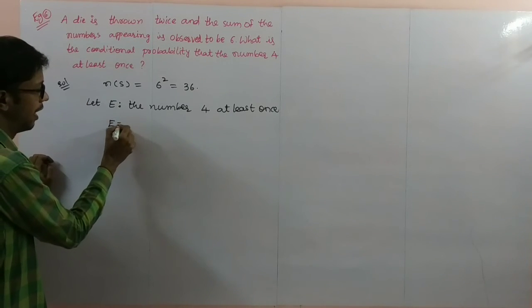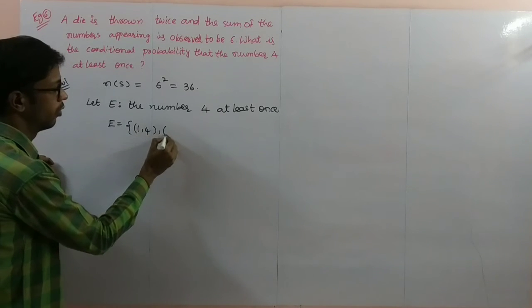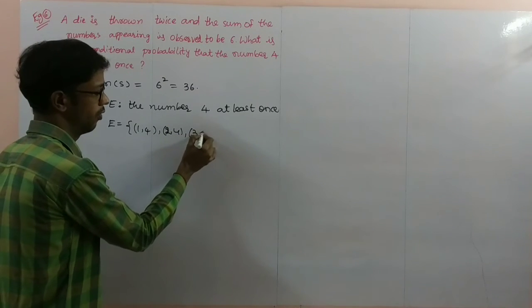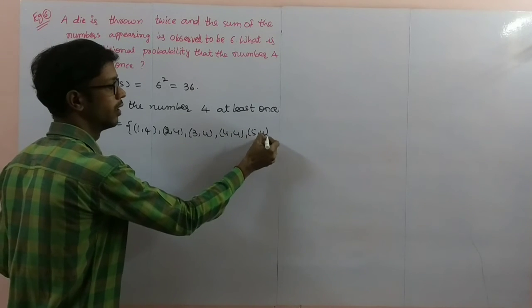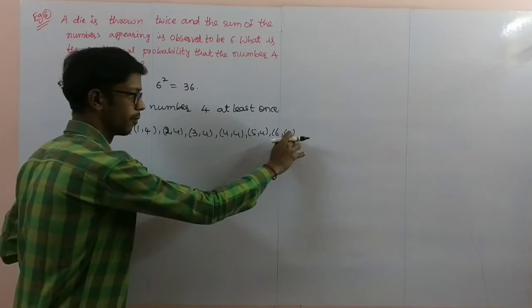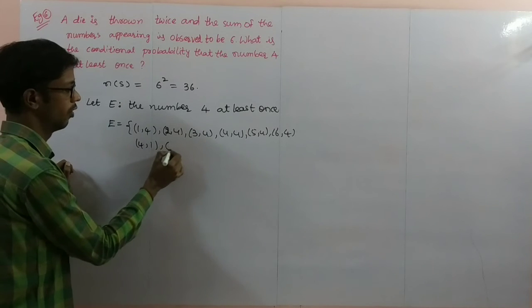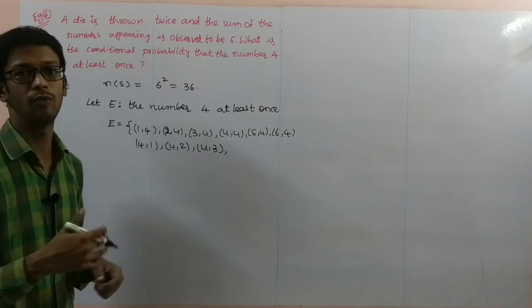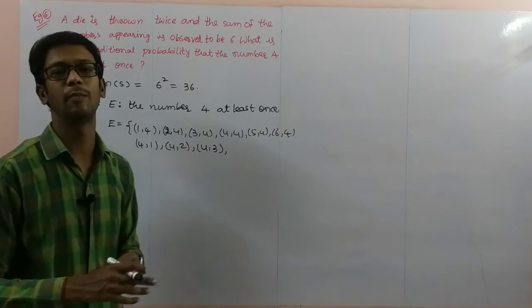So I will write the elements of E. 1,4; 2,4; 3,4; 4,4; 5,4; 6,4. Next, first time only 4 may be the chance: 4,1; 4,2; 4,3; 4,4. 4,4 is already there, so in a set we can't repeat the element.